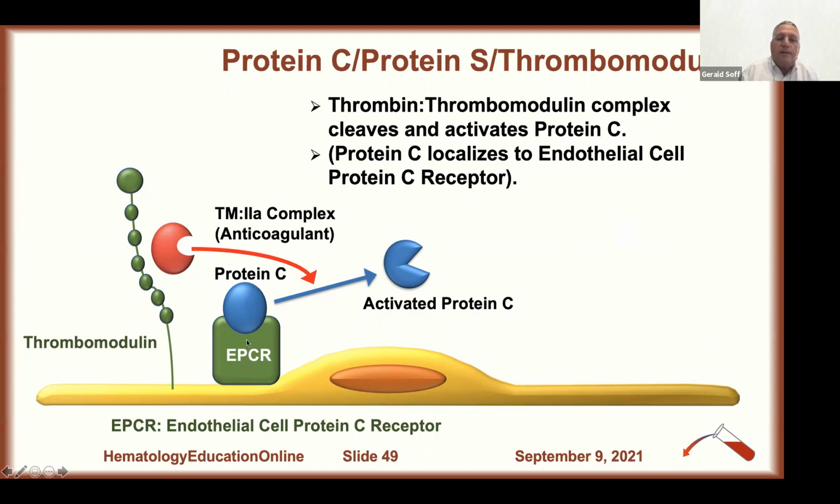And the EPCR does what its name implies, it binds protein C, allowing thrombin now to convert protein C to activated protein C, shown here. So again, when the endothelial cells are intact, thrombin is modulated by thrombomodulin and activates protein C to activated protein C.